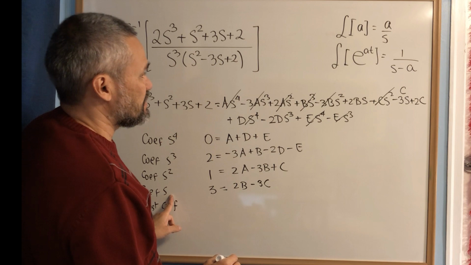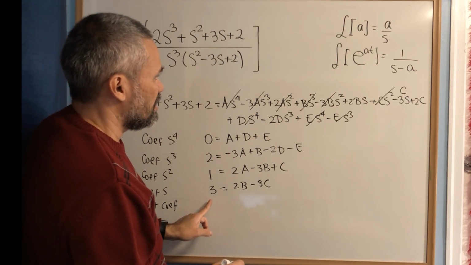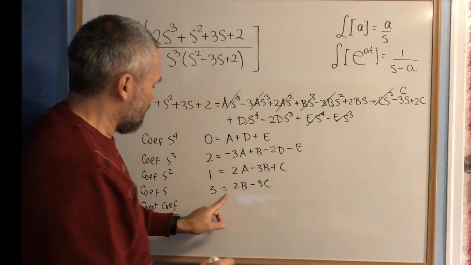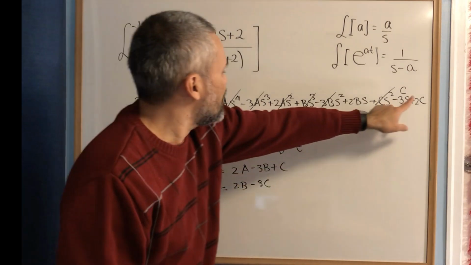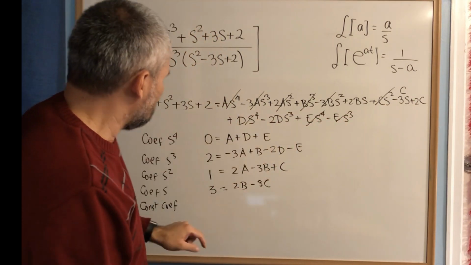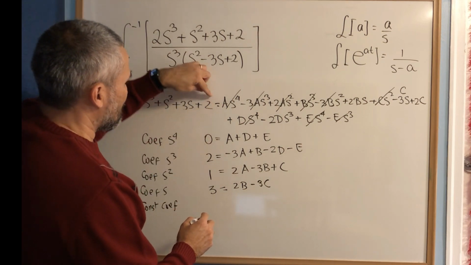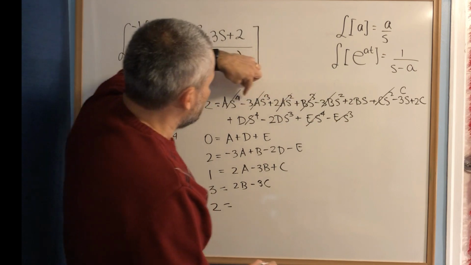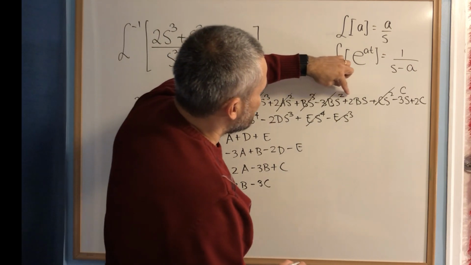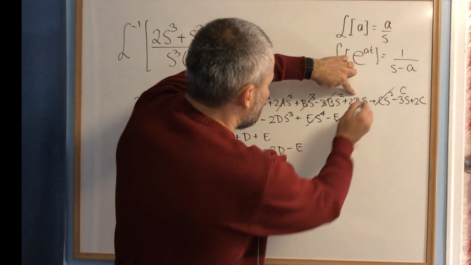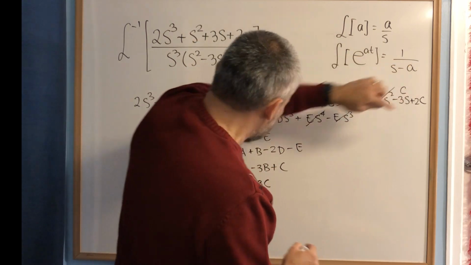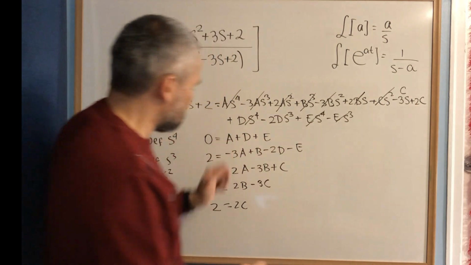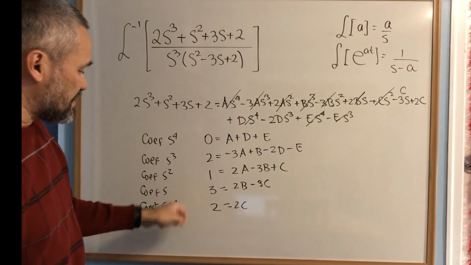The coefficient of s, yes, minus 3c, and that's it. And the constant coefficient on the left is 2, and on the right, the coefficient of b is already taken care of. This is just 2c, right? And that's it. Then we solve the system.